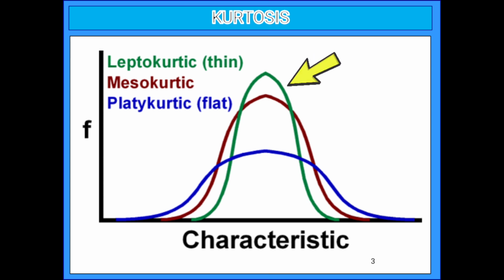Alright, so we're done with the leptokurtic and we're going to talk about the mesokurtic. Mesokurtic is the normal distribution itself. It is somewhat similar, if you remember, to the shape of the distribution when we were talking about skewness. It's almost like a symmetrical distribution.